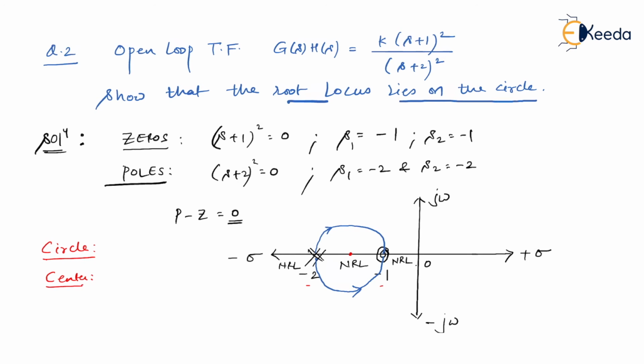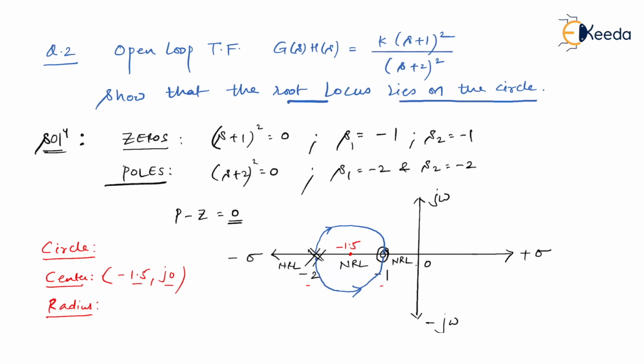Between -1 and -2, there is only one possible center, which is -1.5, meaning that the center I can write as -1.5 comma j0. Yes or no? Because whenever you describe the center of a circle, you should describe both the x and y coordinates.